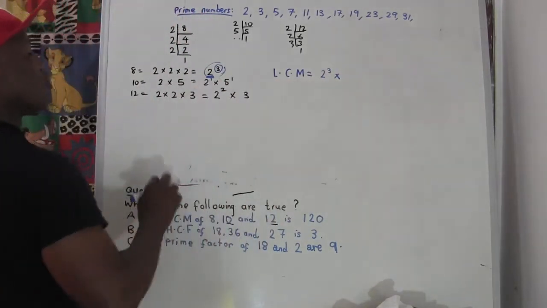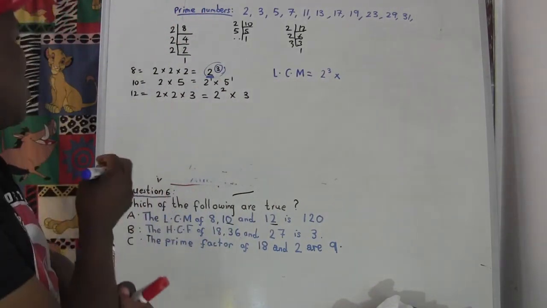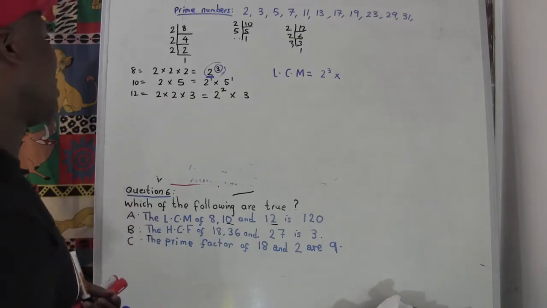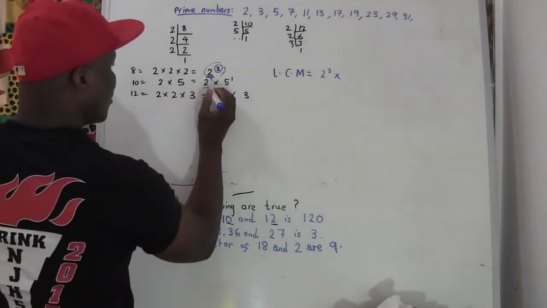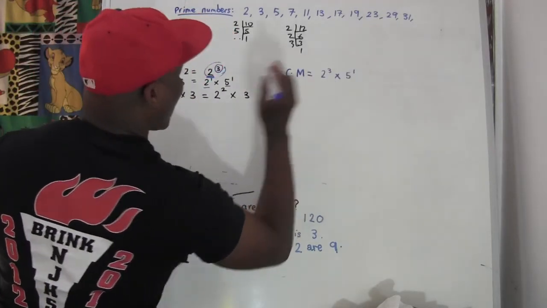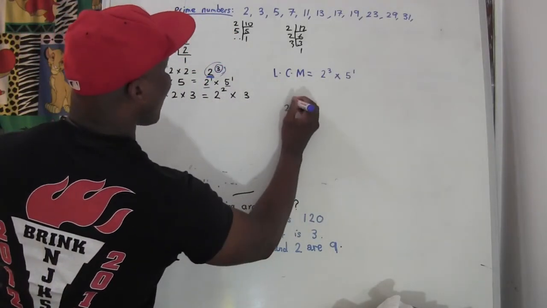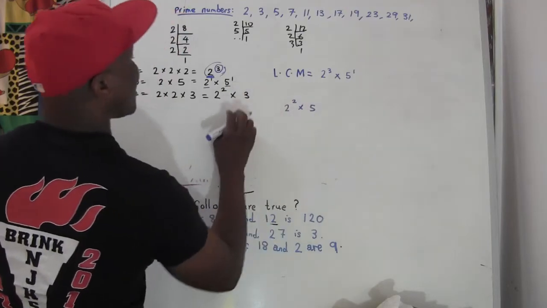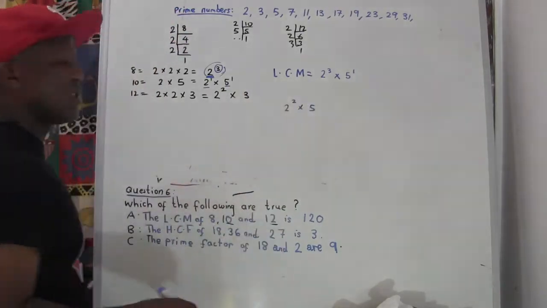Come to the second group. In the second group, look for the number with the highest exponent. So 2 and 5. I'll take 5. Now the question is, what if I had 2 power 2 and 5, for example here? I could have taken 5 still. You know why?